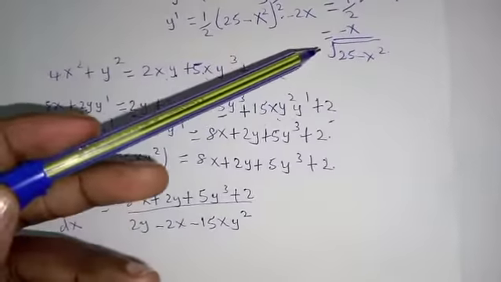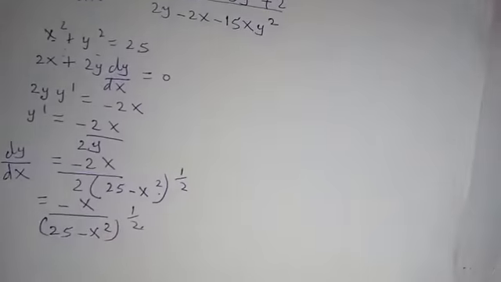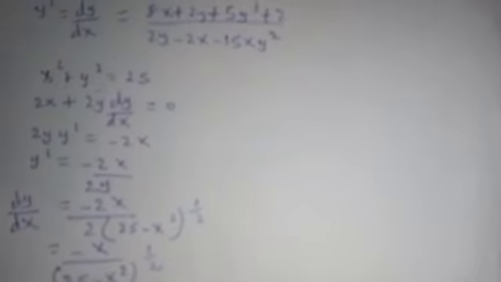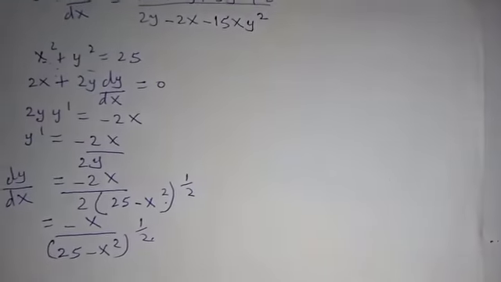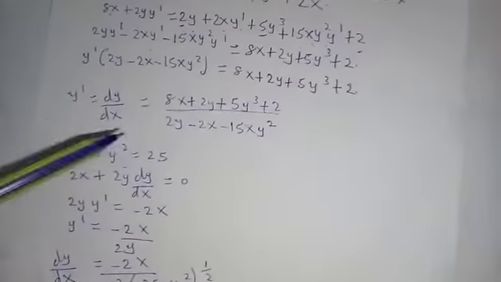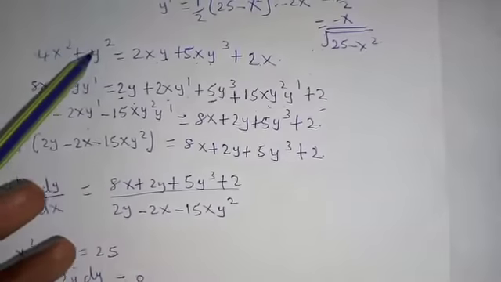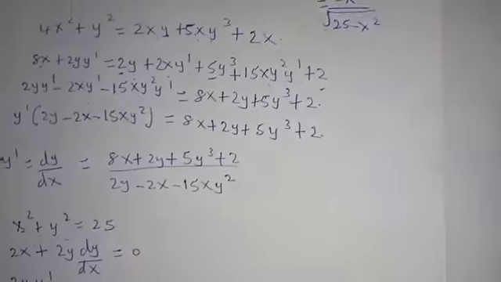The same result we obtained here, minus x over that. So that is how we apply implicit differentiation when it is not possible to separate values of y, when it is not possible to make y the subject of the formula, like in this case here.